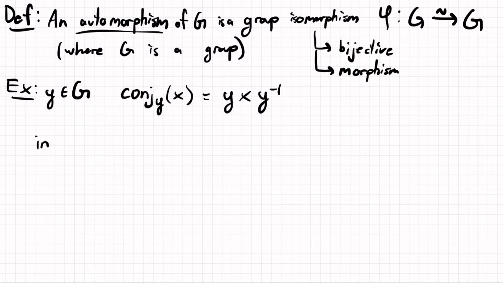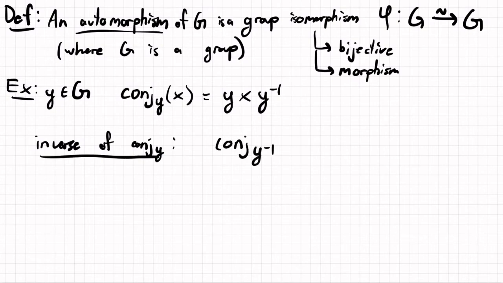So the inverse of conjugation by y will just be conjugation by y inverse, right? So conjugation by y inverse of x is going to be y inverse x y, which of course is just y.